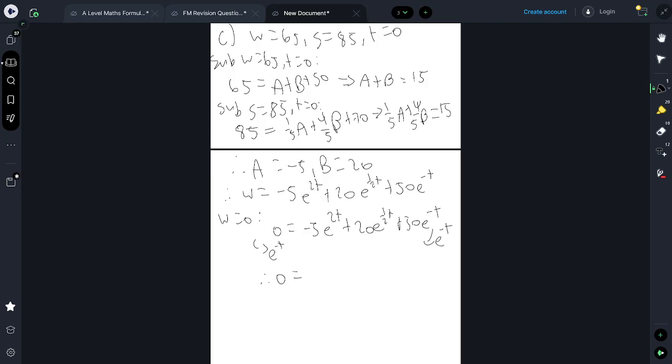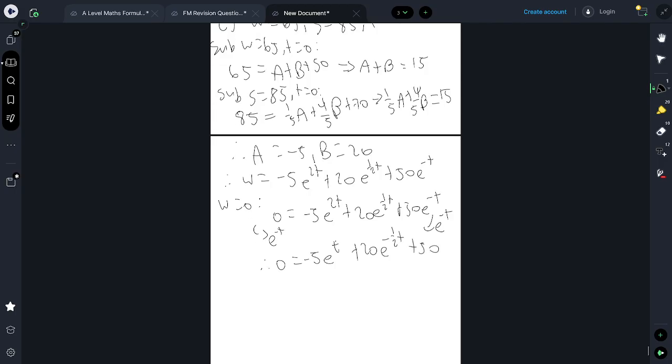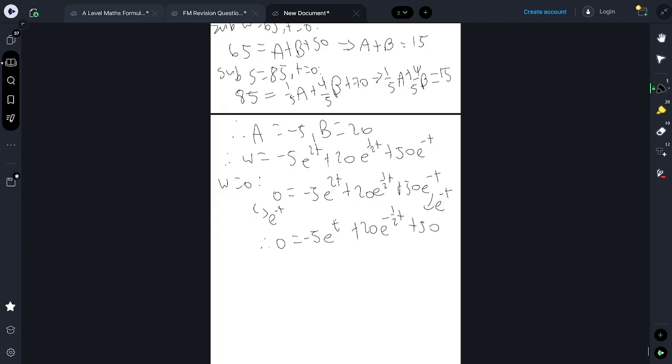So you can get 0 is minus 5e to the t, because you're adding the power, 2t minus t is t, plus 20e to the, now half t minus t is going to be minus a half t, and then plus 50.